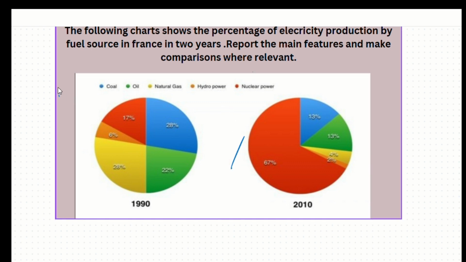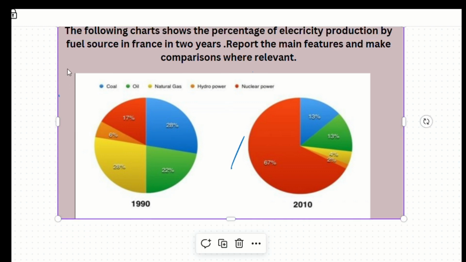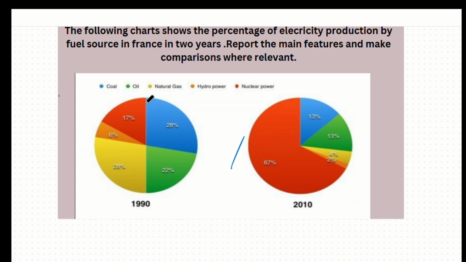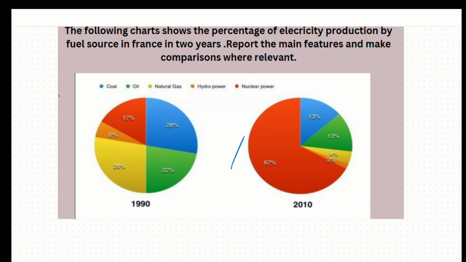Report the main features and make comparisons where relevant. So here one pie chart is showing 1990 data of France fuel sources, and the second one, 2010, is also showing the fuel sources percentage. So you have to compare both pie charts.